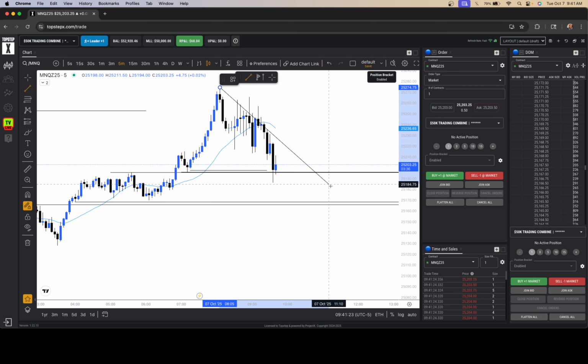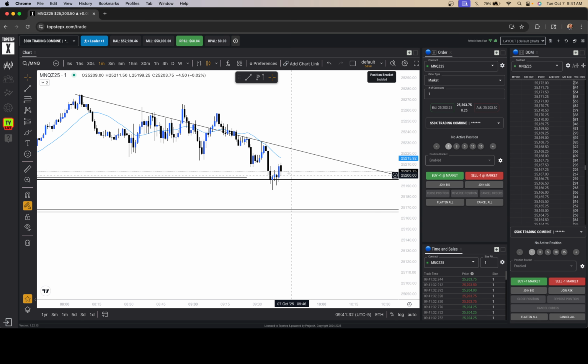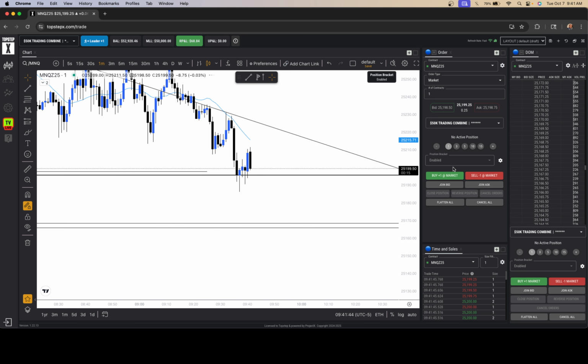We're holding kind of this trend line to the downside. Looks like we're going to continue down, to be honest. I may hop into a sell again. Because I want to see the lows down here taken out, if I'm being honest.